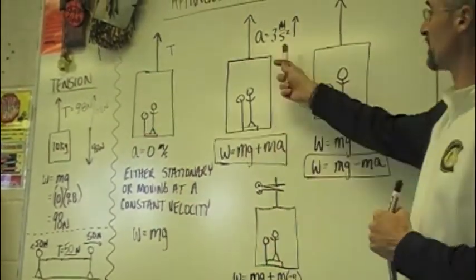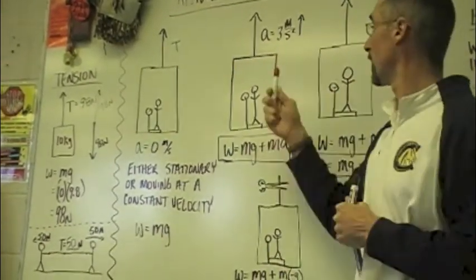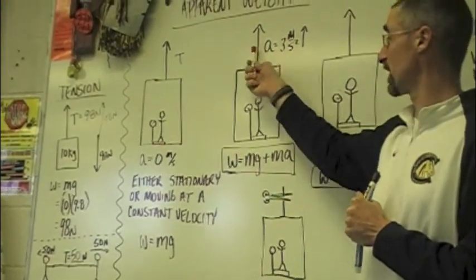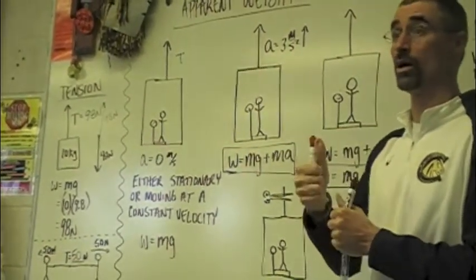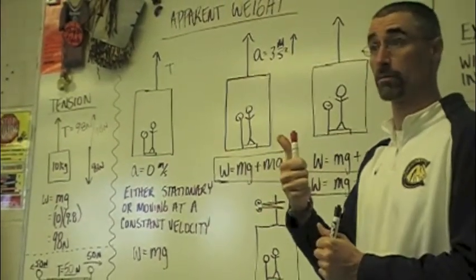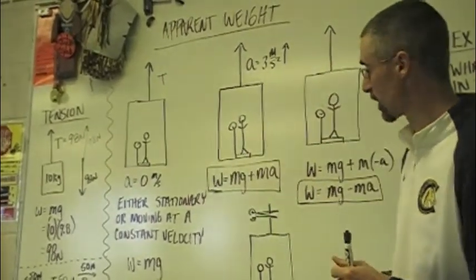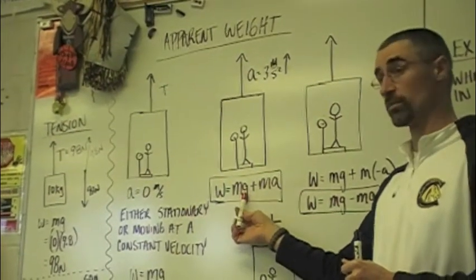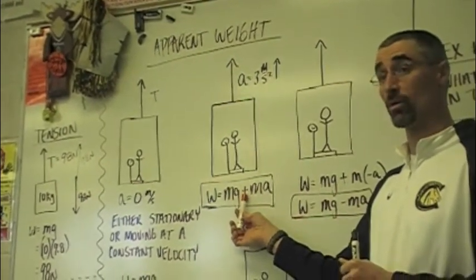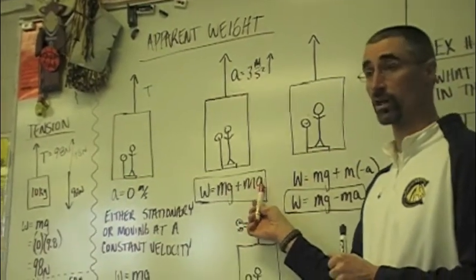Now, if we go into this situation and the elevator is accelerating up at 3 meters per second squared, then I think you would all agree that the tension in that string is going to go up. The force has to be bigger to accelerate it. Okay, and the scale is not going to read just the weight, but it's going to equal the weight plus whatever the mass is times how much more we were accelerating.